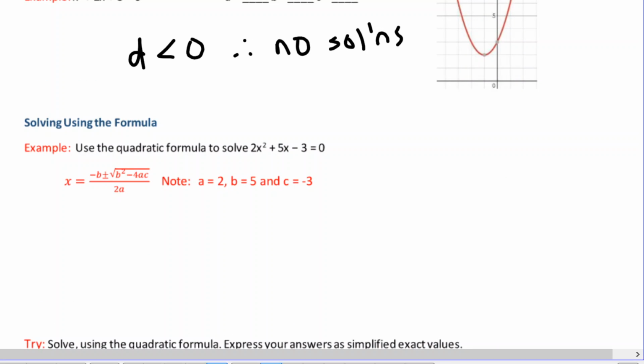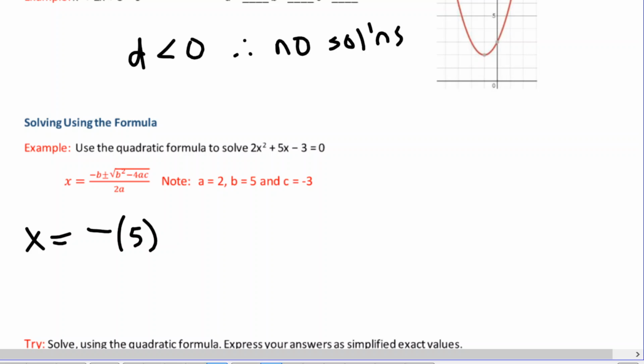So again, we need a, b, and c first. It would always be helpful to write these out. So a is positive 2, b is 5, and c is negative 3. So in this formula, first thing I'm just going to do is put in all those numbers. So I have negative b. B was positive 5, so I just end up with a negative 5.